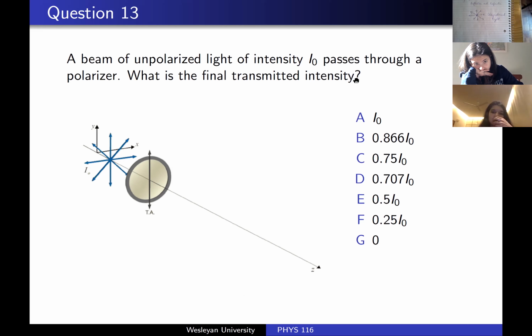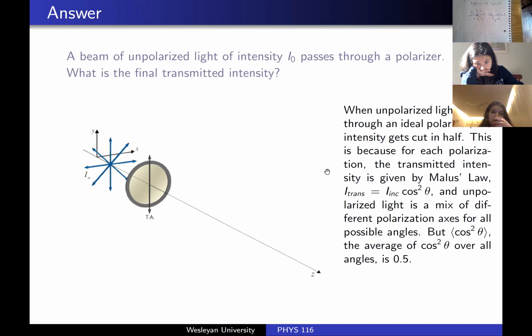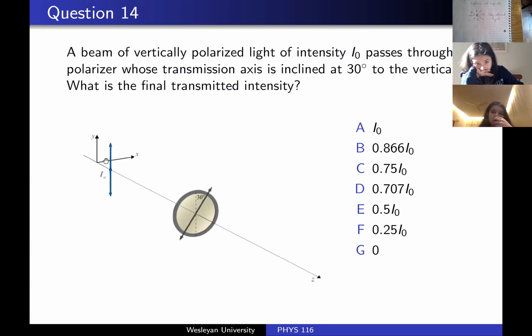Let me come back to this unpolarized to polarized case in a moment. First, we're going to look at what happens when you just have polarized light passing through a polarizer, and then we'll see what happens here. I'm not going to poll this one, I'm just going to explain this.